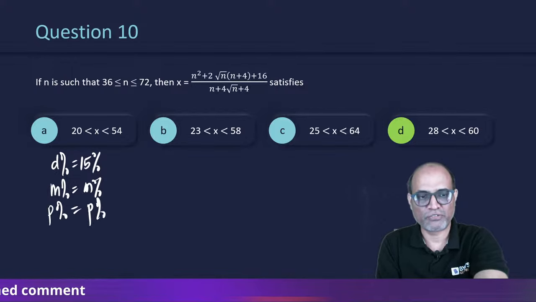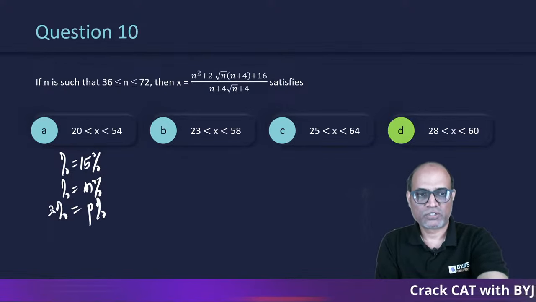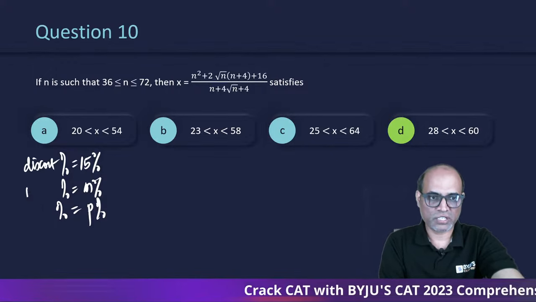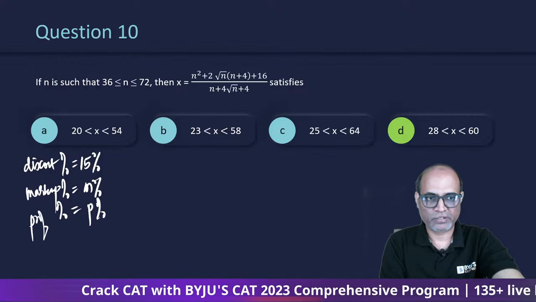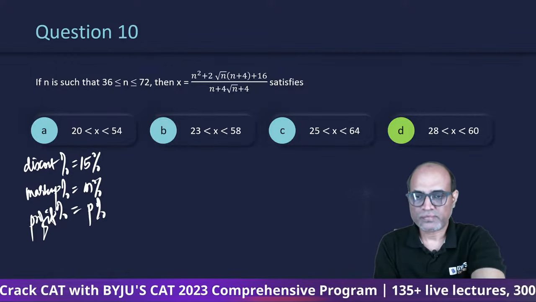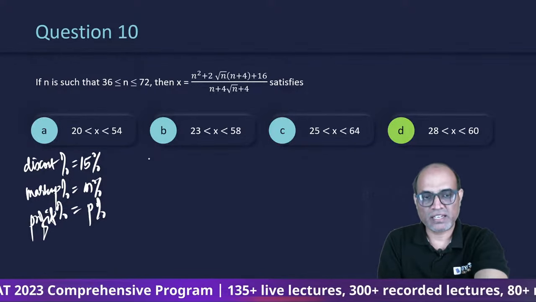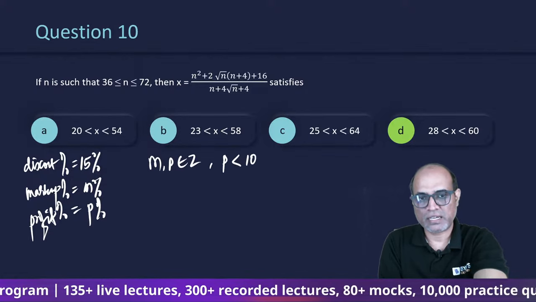So I should write the entire word here, otherwise some of you would be confused about what M% is equal to M% means. So this is discount, this is markup, and this is profit. Where M and P are integers and P is less than 100.